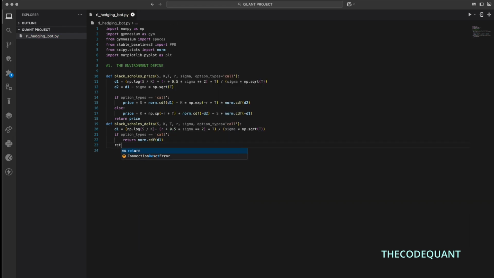Once the training is done, we have to test it. I wrote a loop that runs the simulation one last time. It records what the AI thinks it should do and compares it to what the Black-Scholes math says it should have done. And here's the result.